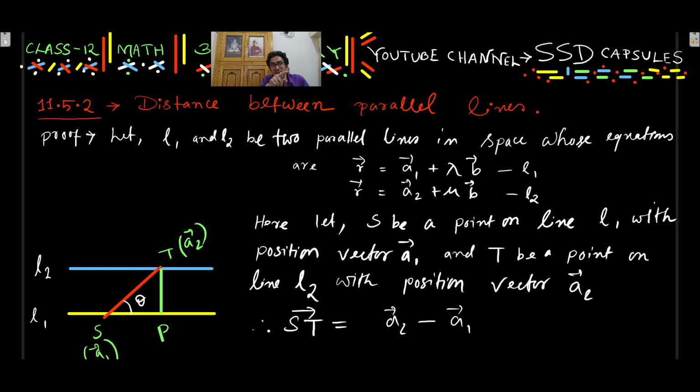So in both cases we have taken b vector. Have you understood this? If you have any doubt, put your comment in the comment section below. I will explain this again.